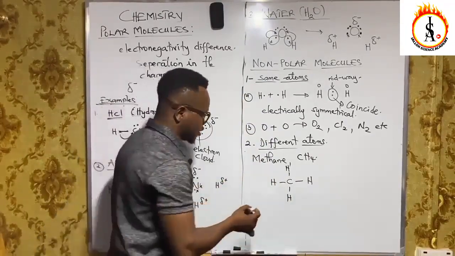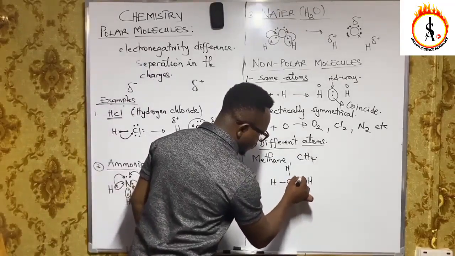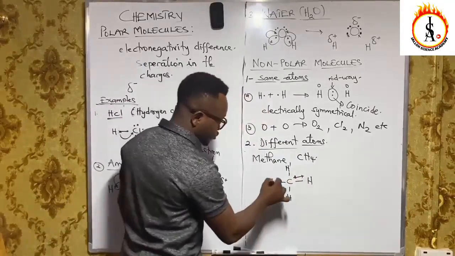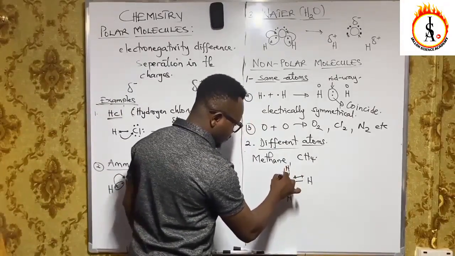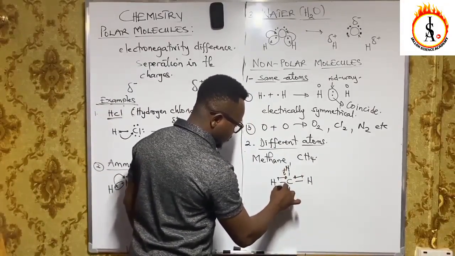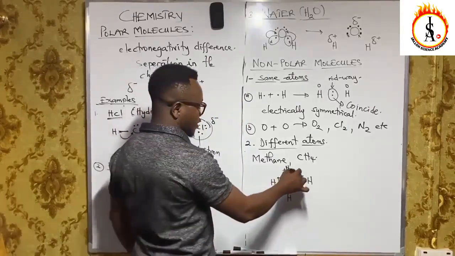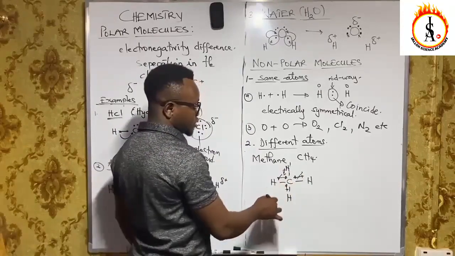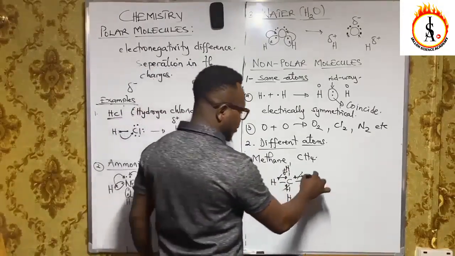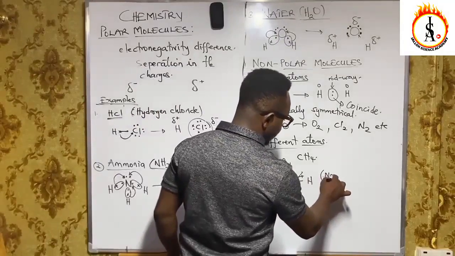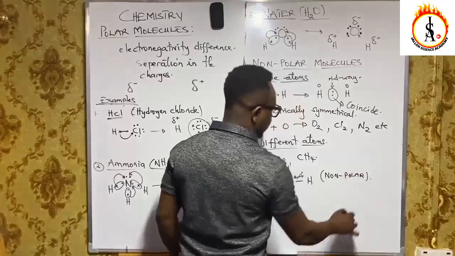So here, the electron cloud is pulled towards carbon. We indicate a vector pointing towards carbon from each hydrogen. Now these vectors are opposite, so they are going to cancel out. These ones opposite, these vectors will also cancel out, thereby resulting in no charge. So that makes the methane molecule non-polar.